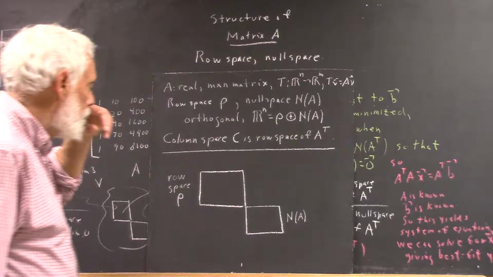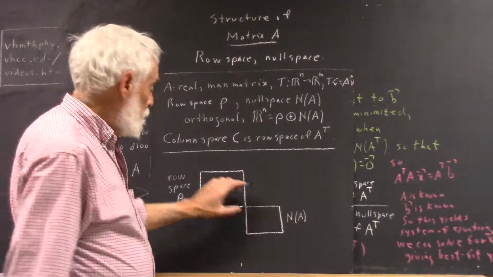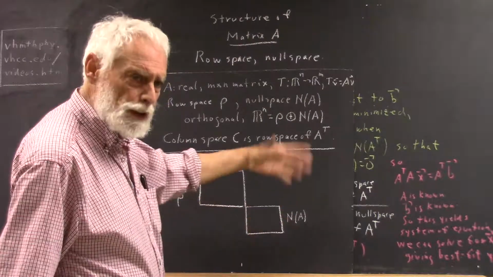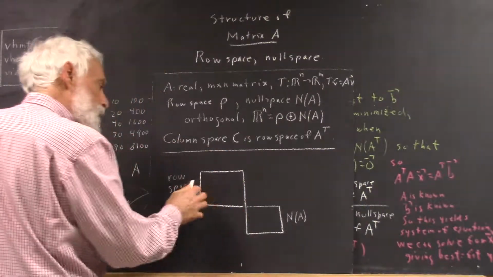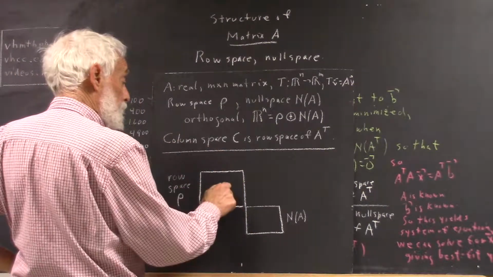Now, these spaces are orthogonal, which is why I've drawn them as rectangular. Okay, these are orthogonal. Now, we have vectors in the row space.